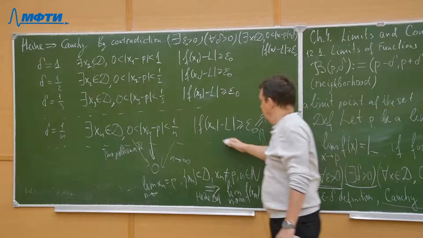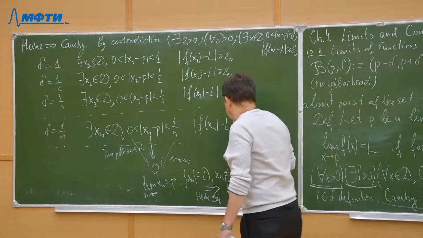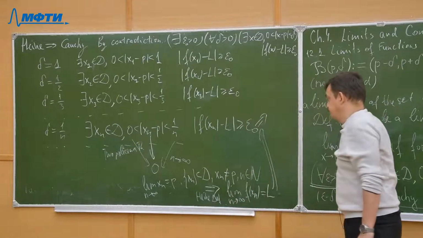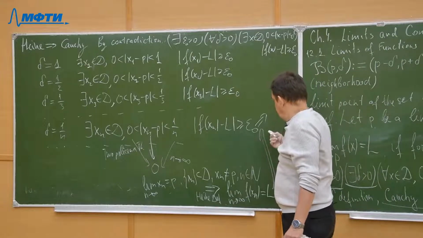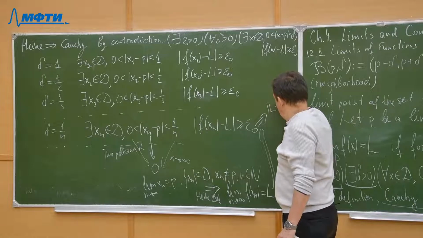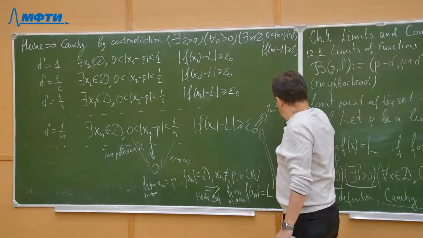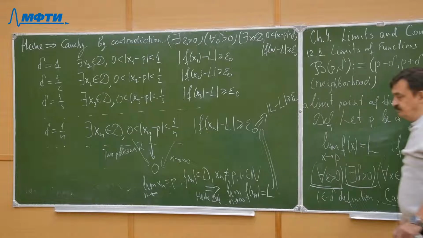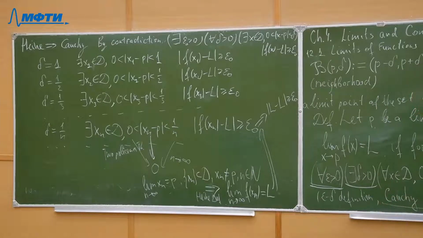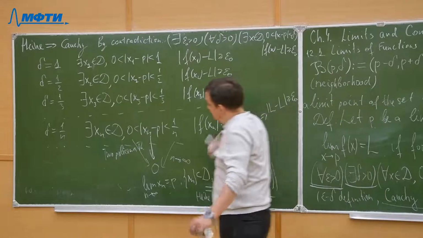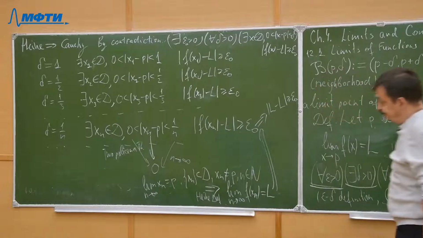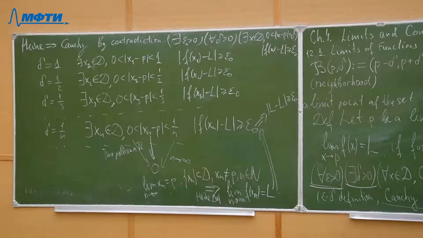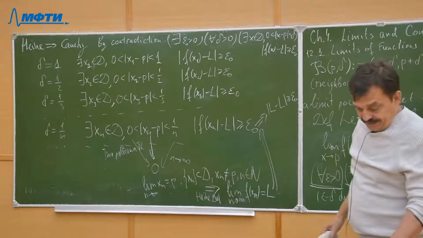Okay, I may write so now we have modulo A minus L greater or equal than epsilon naught, and that's impossible because here we have 0 and epsilon naught is a positive number, and that's impossible. That is a contradiction. Okay.